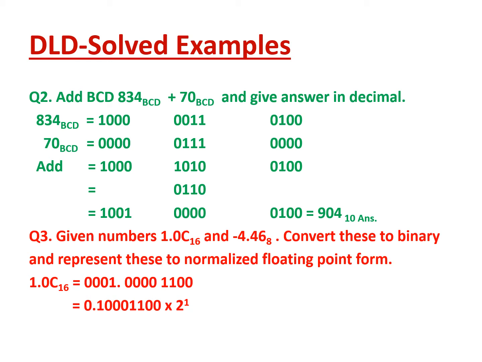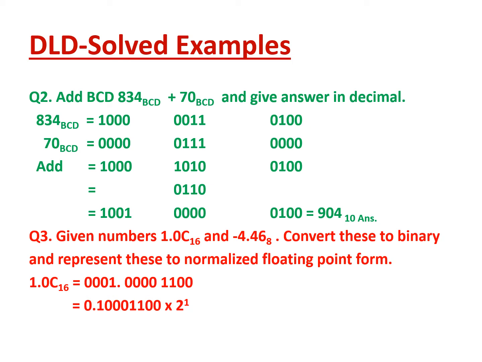Okay. Now if we add them up, you will get the result 100 1010 0100. Now in this case, the last nibble, 0100, is a BCD number, and the most significant nibble, 100, is also a BCD number.